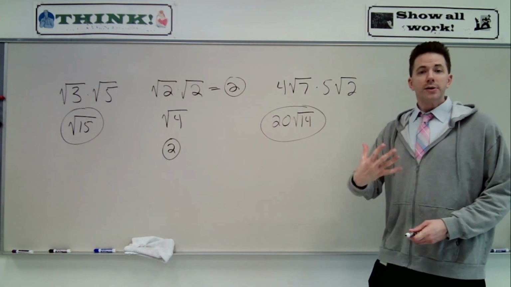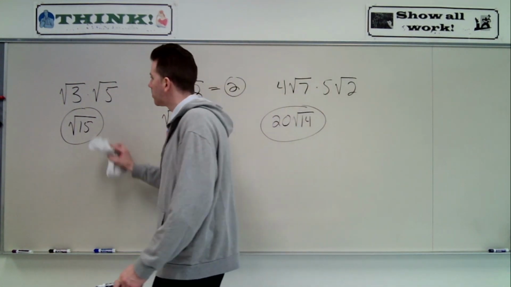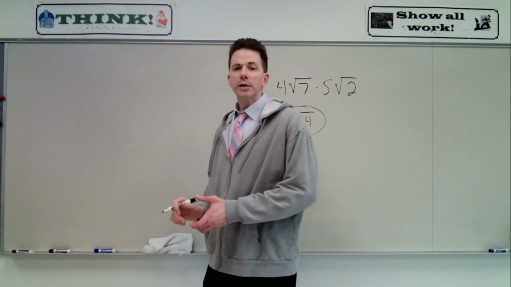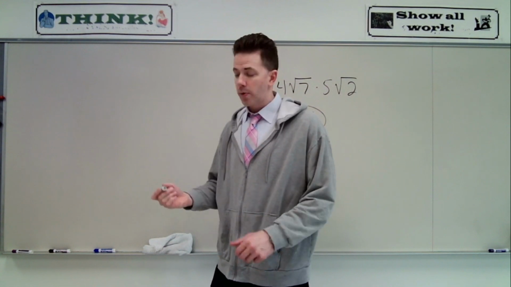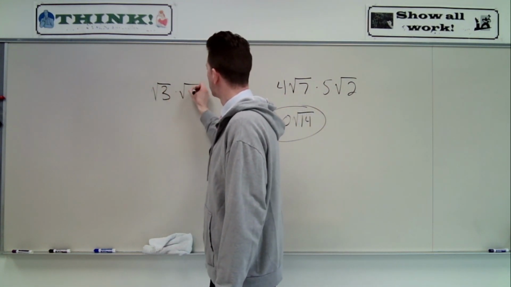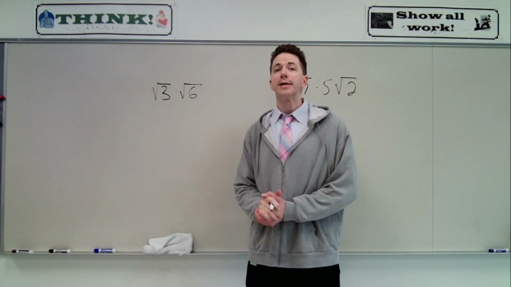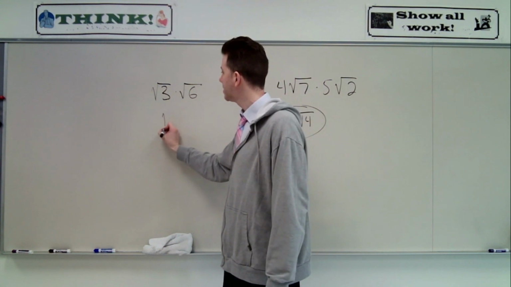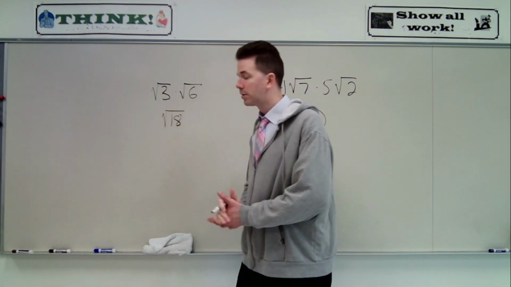So to finish, let's take a look at one last example. Let's look at the square root of 3 times the square root of 6. We're going to follow the exact same procedure. Square root of 3 times the square root of 6 would give us the square root of 18.